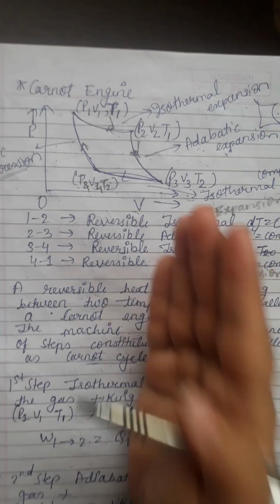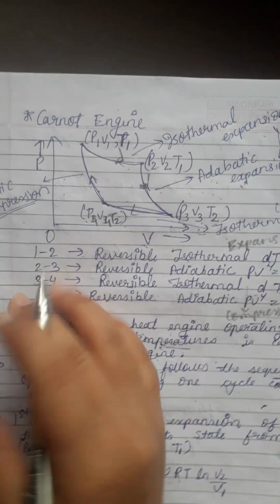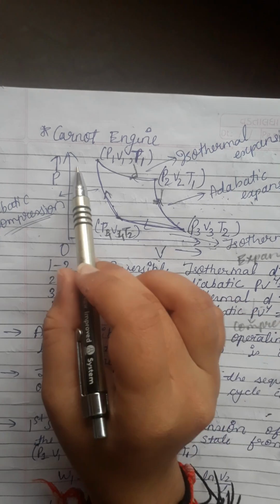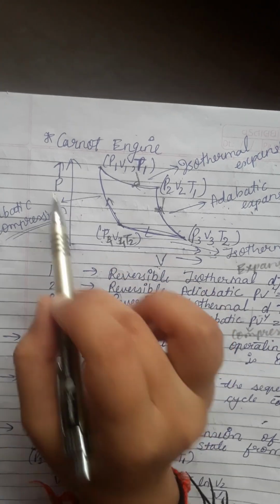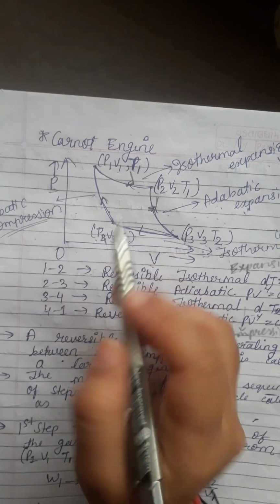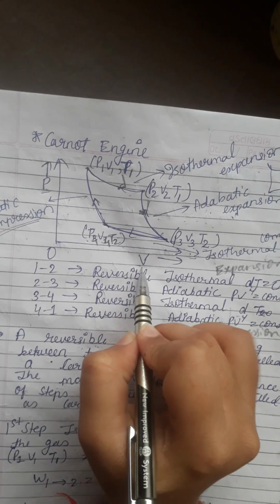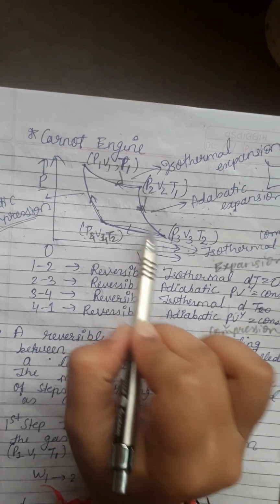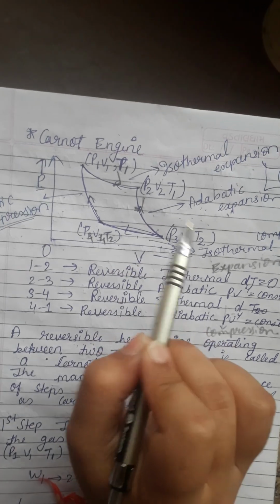Now here are the four steps of the Carnot cycle. Let us first see the diagram. Here in the graph, pressure is indicated on the vertical line and volume on the horizontal line. This figure indicates the four points of the Carnot engine.